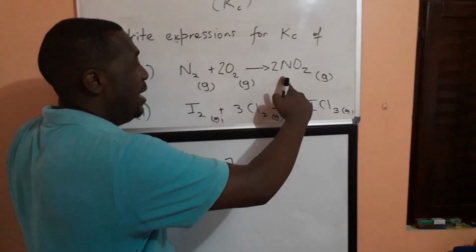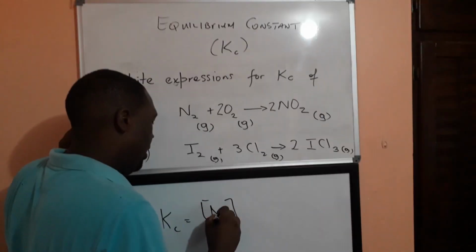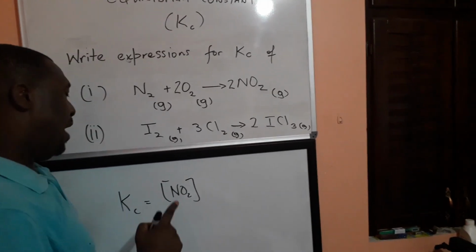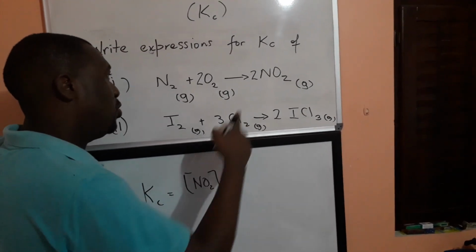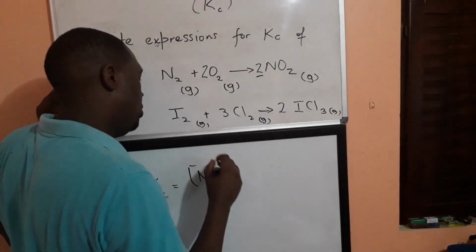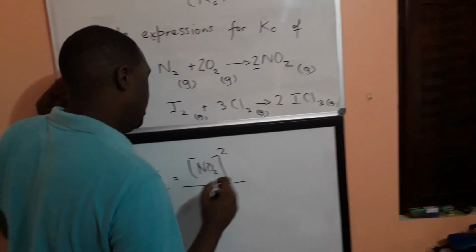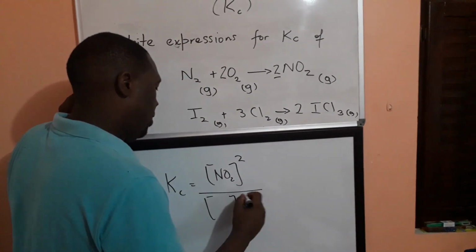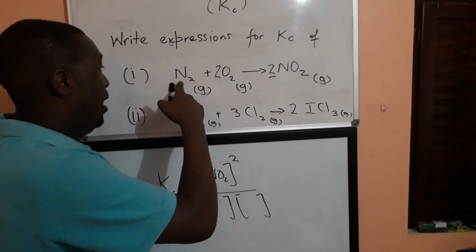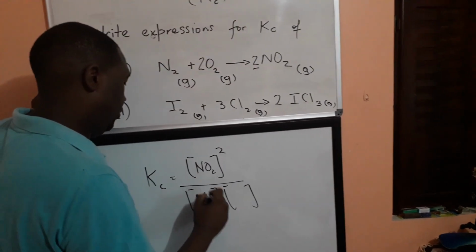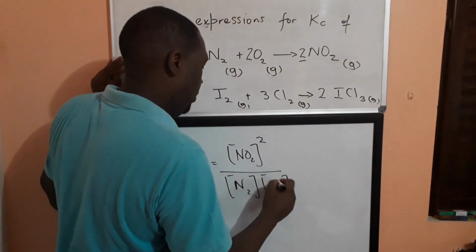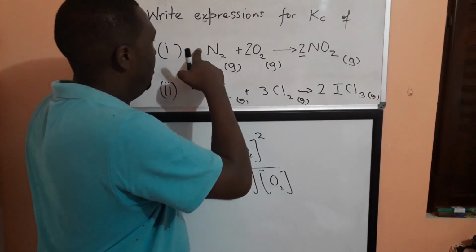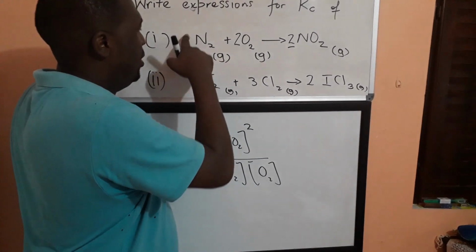In this case, we only have one product, so we put NO2 there, raised to the stoichiometric coefficient, which is 2. That's over the product of the reactant concentrations, which are N2 and O2 gas. The stoichiometric coefficient for N2 is 1.